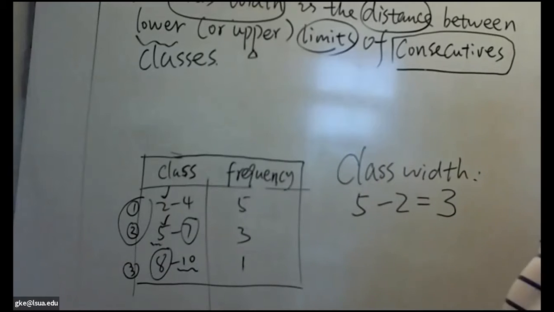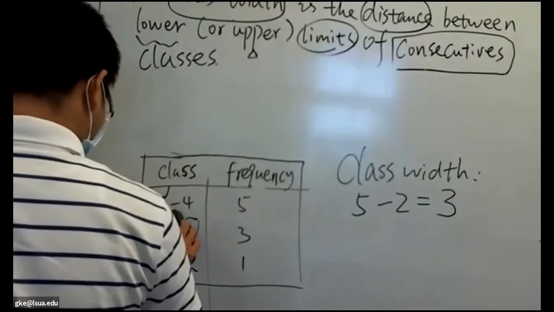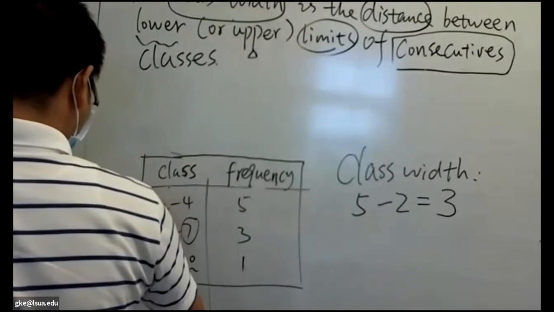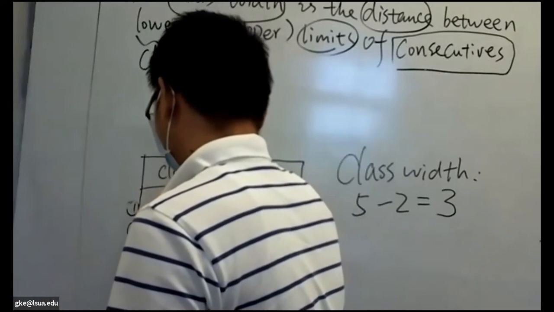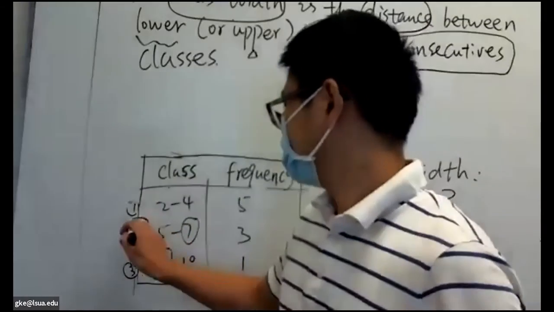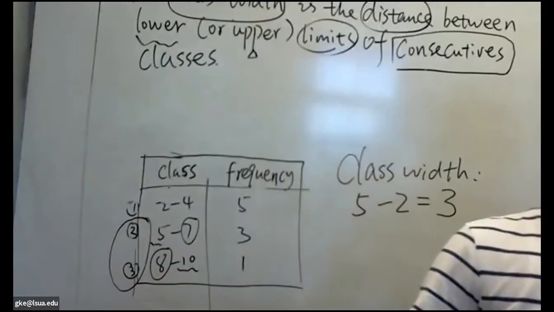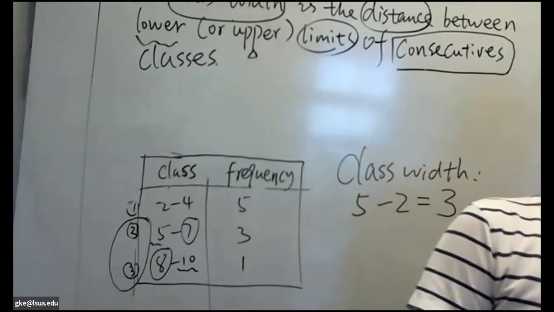Now, some students don't like to pick class 1 and class 2. Of course, I can pick something else. I would like to pick class 2 and 3. They are also consecutive classes, right? If you pick class 2 and class 3, now follow the rule.